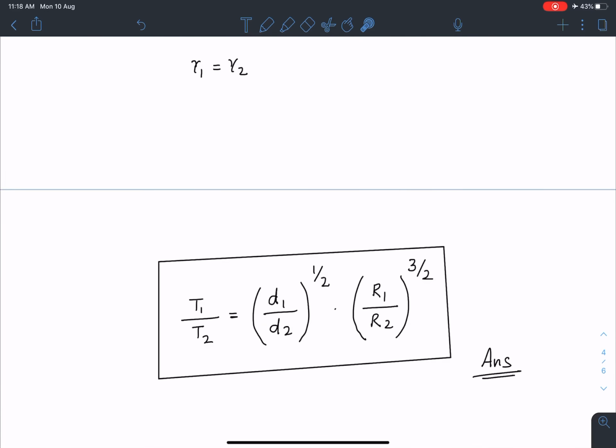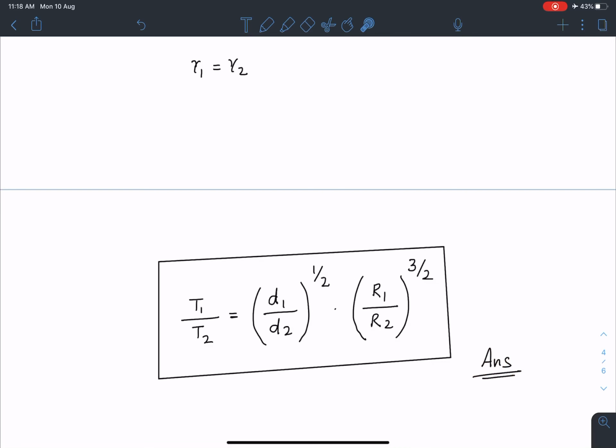So this is going to be the right answer: T1 by T2 is equal to (rho1 by rho2, or d1 by d2) to the power 1 by 2, times (r1 by r2) to the power 3 by 2. This is going to be the final answer for this question.